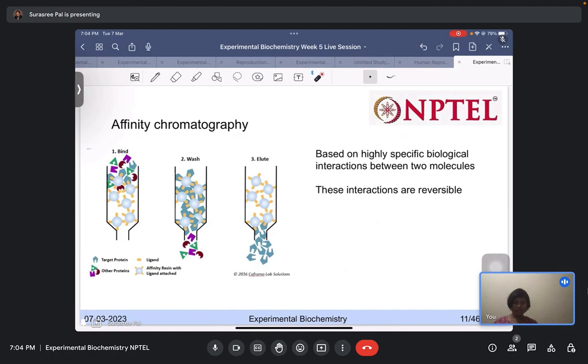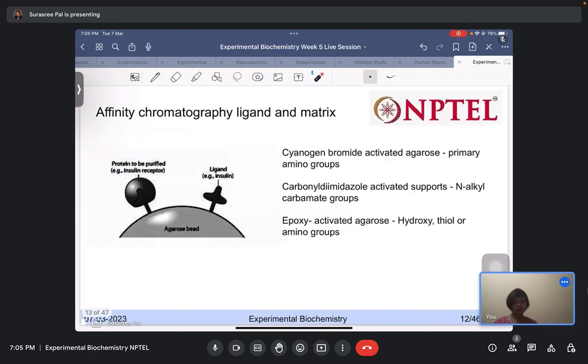So this affinity chromatography is very specific, it depends on a very specific biological interaction between two molecules. So what are these molecules? So there is actually a matrix, an inert matrix, and we have ligands associated or attached to this inert matrix.